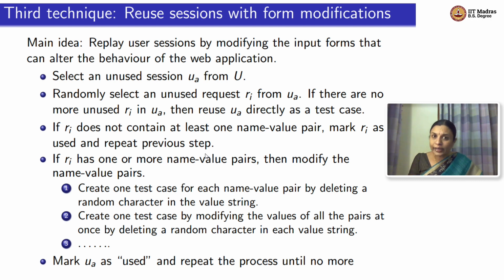Now you have all these values. Let's say this Ri has a form that has 3 different name value pairs: one for name, one for age, one for address. Now you can modify those values. These modifications are generic modifications irrespective of what the domain is. One simple generic modification is whatever the value was, replace it with an empty string.